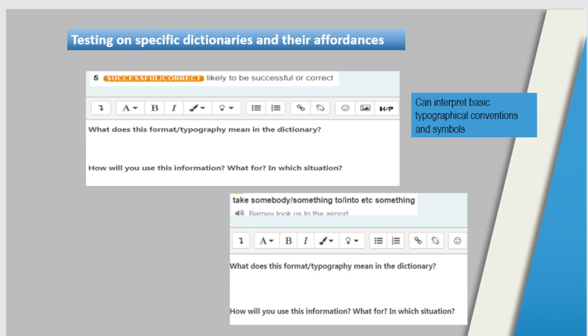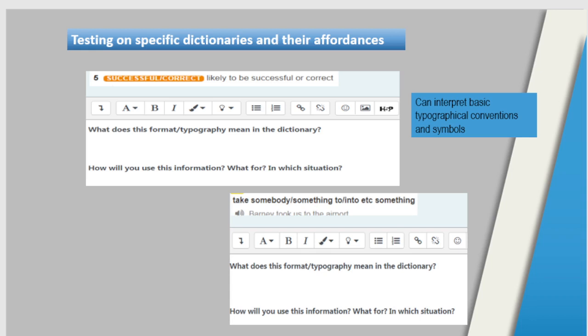This is not a writing or a reading task per se. This particular question is designed to see whether the dictionary users know what the different typographical conventions are used for. So here you see an example for the word sense in the Longman Dictionary, and for the verb structure.